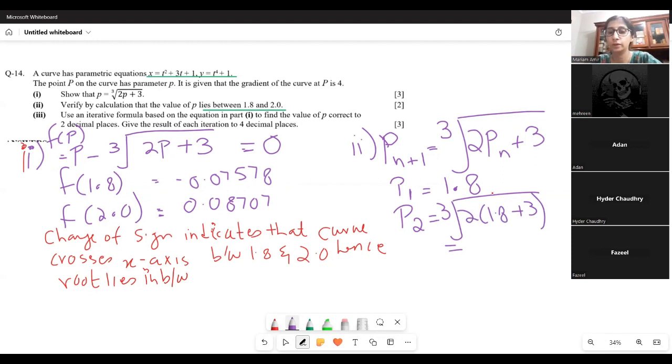In the calculator, we enter 1.8 equals, then cube root of 2 times answer plus 3, which gives 1.87.